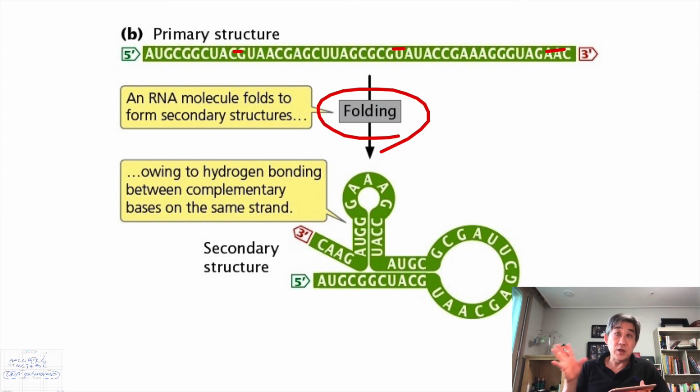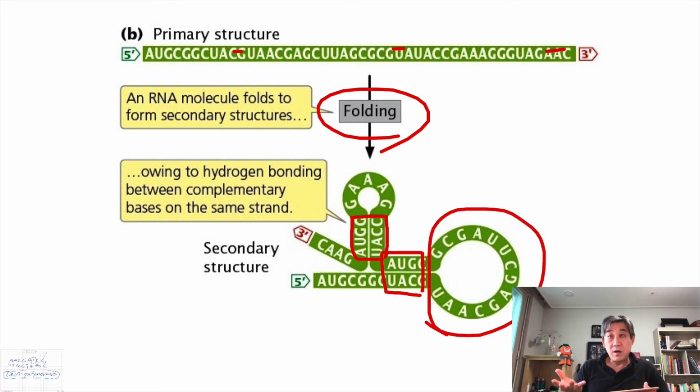We call that RNA folding, like this. As you can see, the complementary base pair was formed in this area, and also partial complementary base pairing was done in this particular area, together with those areas where the complementary base pair cannot be established.